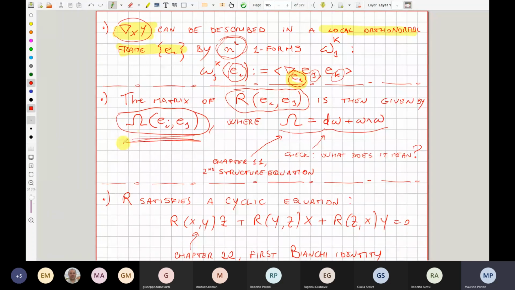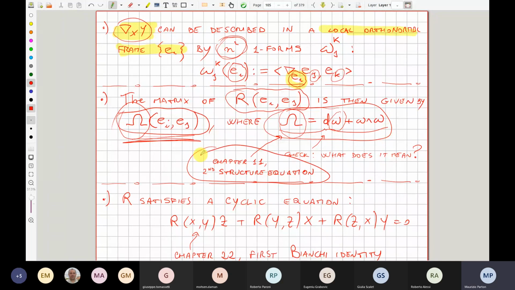So if you call this 2 form capital omega, well, it appears that the connection one forms and these two forms are connected by this beautiful equation. This equation, of course, this is a theorem. This equation is called the structure equation of the connection. And this relating the curvature with the derivative of the connection.